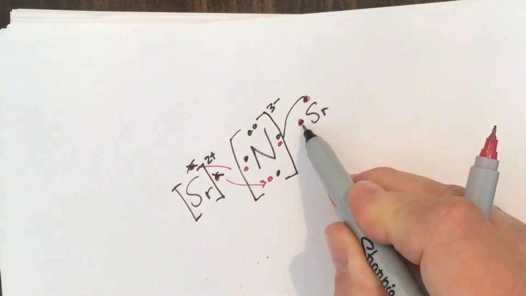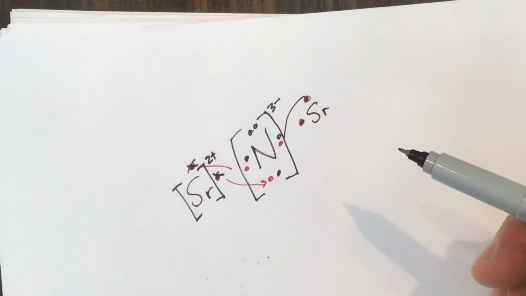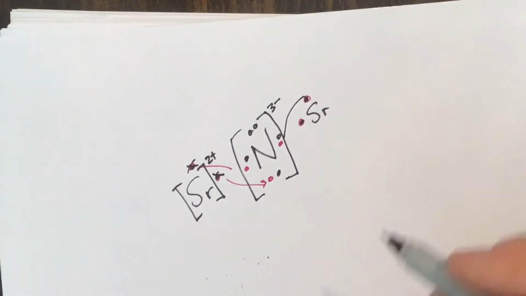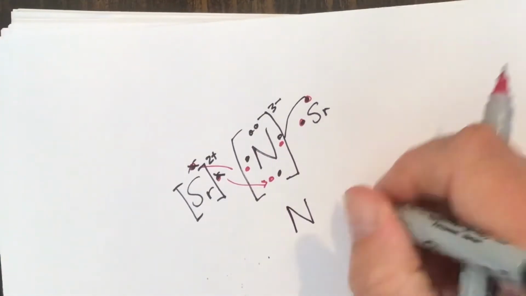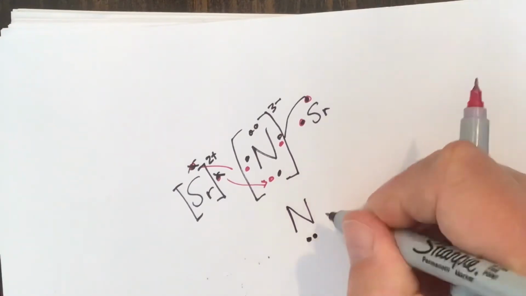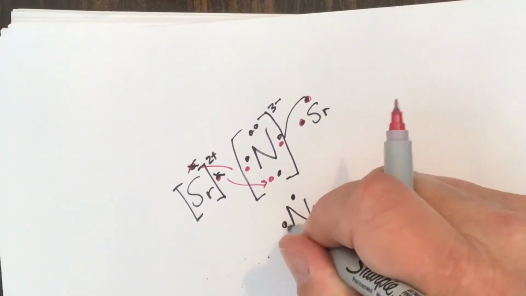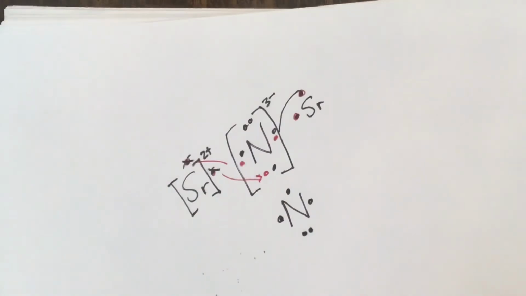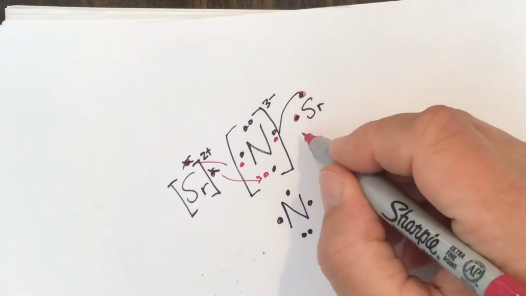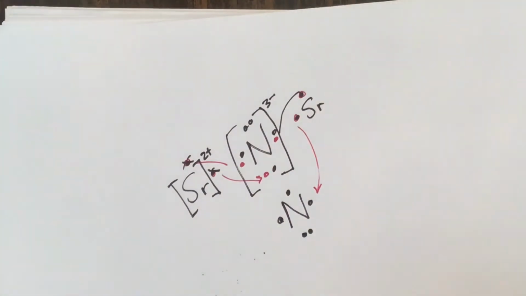But wait, we still have this 1 electron here for strontium. So what are we going to do here? Well, we're going to get another nitrogen out. Okay, and so this little guy here, he's going to come down here, and there we go.